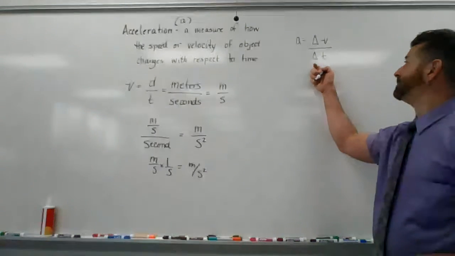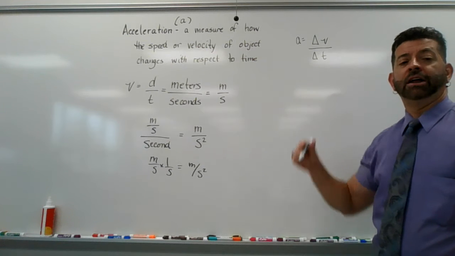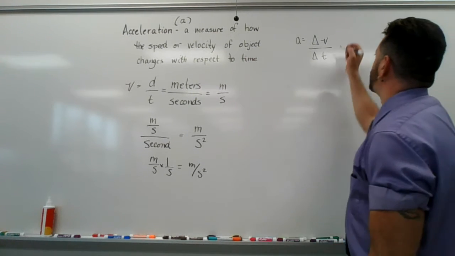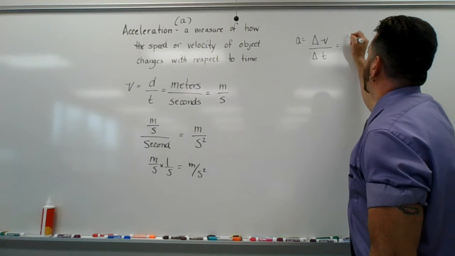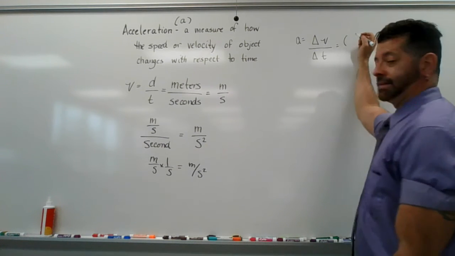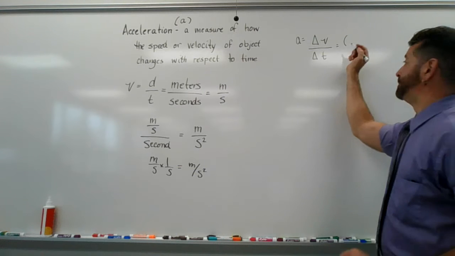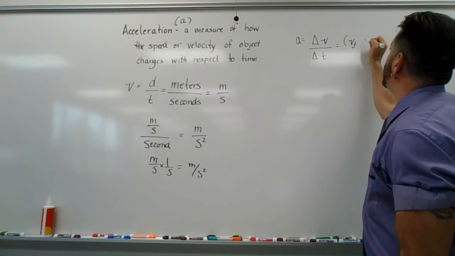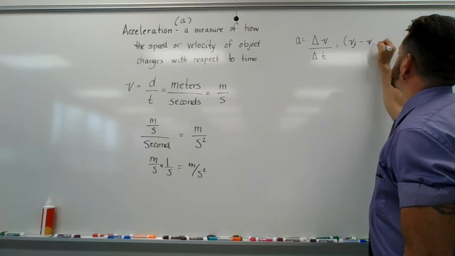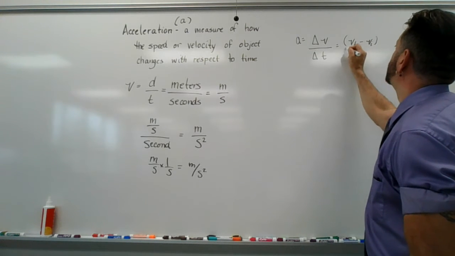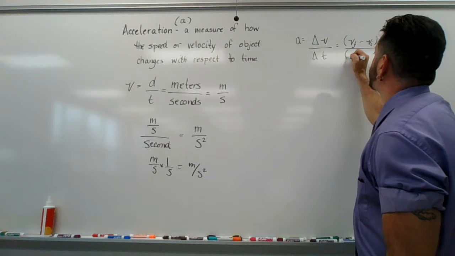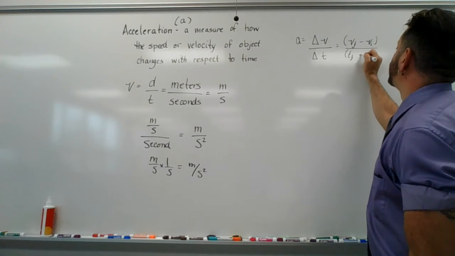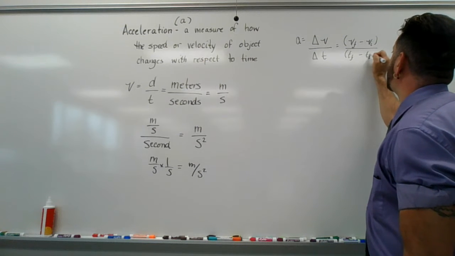This capital delta is just a big triangle, and all it means is change. So we're just looking at the change, which is also equal to then how it changes. Or we take, get this, and I think this is awesome, the final speed or velocity minus the initial speed or velocity over the final time, or how long it took total, minus the time we started, or the time initial.